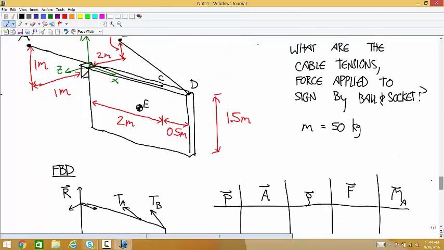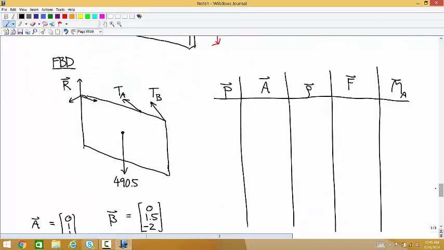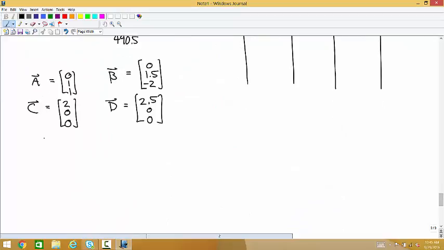And then the last one, E, is the center of mass. How far is that in the x direction? We're just looking for the middle of that rectangle. So 1.25 positive x direction. Y direction? -0.75. Z direction? 0. So E is 1.25, negative 0.75, 0.